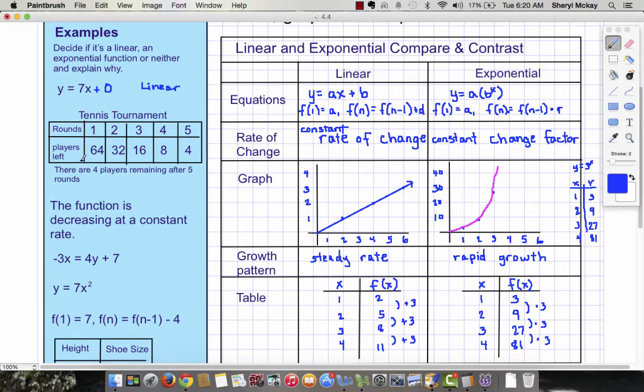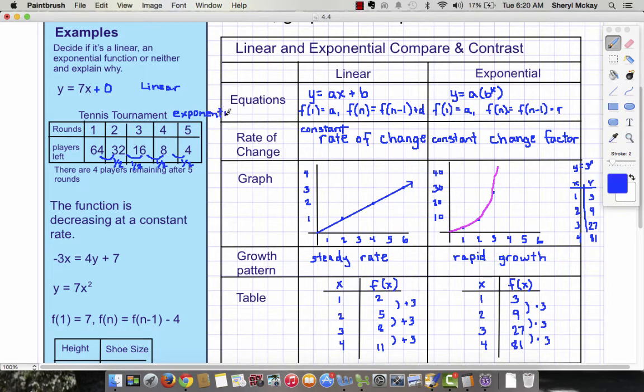Well, hopefully you noticed that to get from 64 to 32, I had to multiply by 1/2. To get from 32 to 16, I had to multiply by 1/2. There is a constant factor of change, or a change factor. I'm multiplying by 1/2. So that means this is exponential. You could have also, if you wanted to, graphed this.